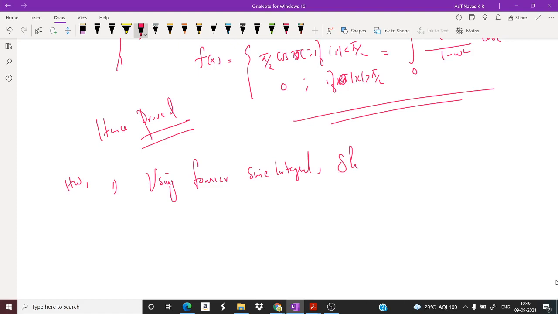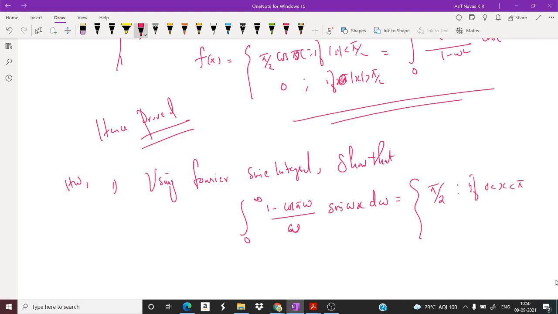Show that integral 0 to infinity 1 minus cos pi omega divided by omega sin omega x d omega is equal to pi by 2 if 0 less than x less than pi, 0 if x greater than pi.